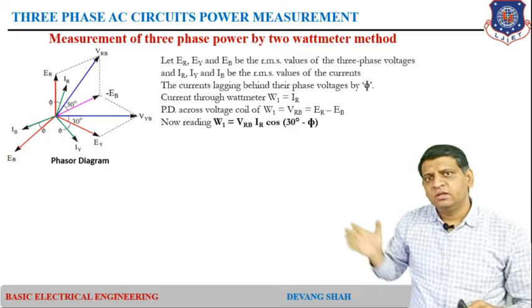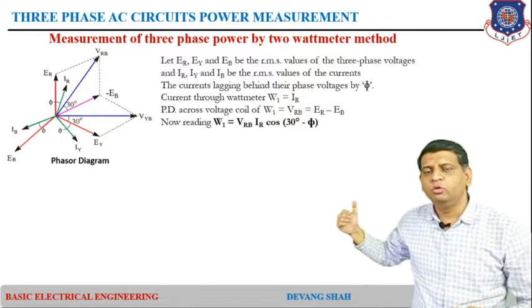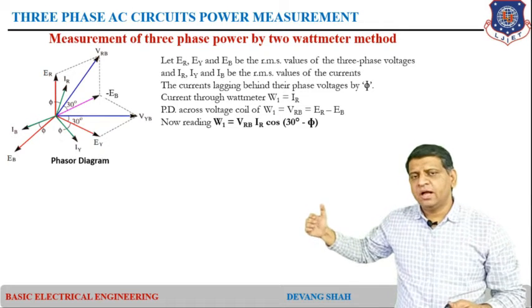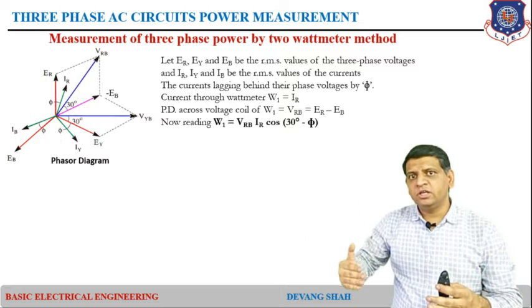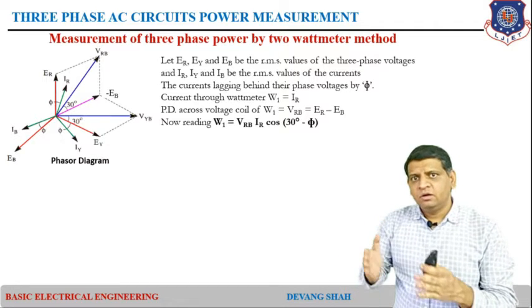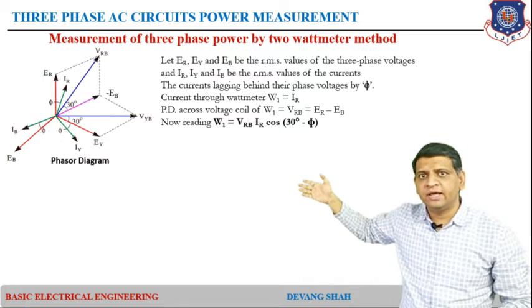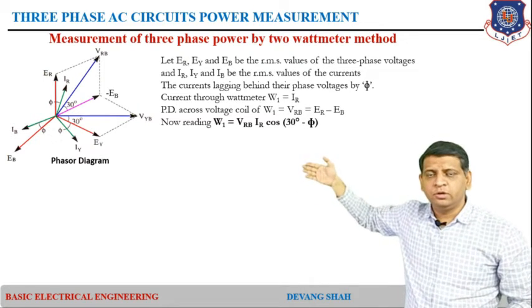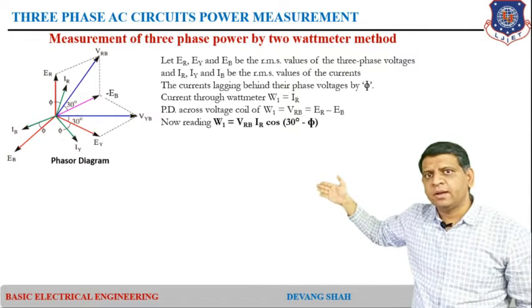So, the wattmeter reading W1 is equal to IR into VRB, and if I want to find the phase relation of the IR vector and the phase relation of the VRB vector, you can find it from this phasor diagram, where VRB is nothing but ER minus EB, right.